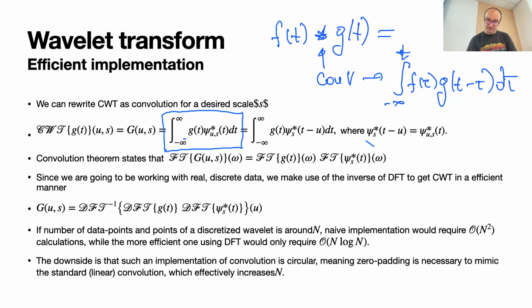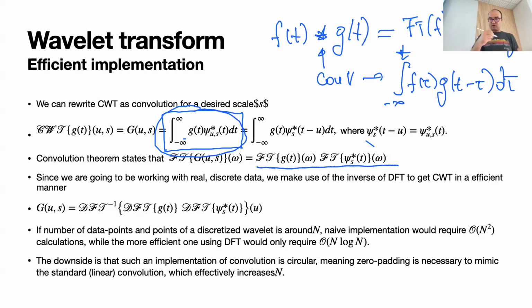This integral in the time domain is actually the Fourier transform of f times, by simple multiplication, the Fourier transform of g. So I can easily transform this integral into two multiplications in the Fourier domain.